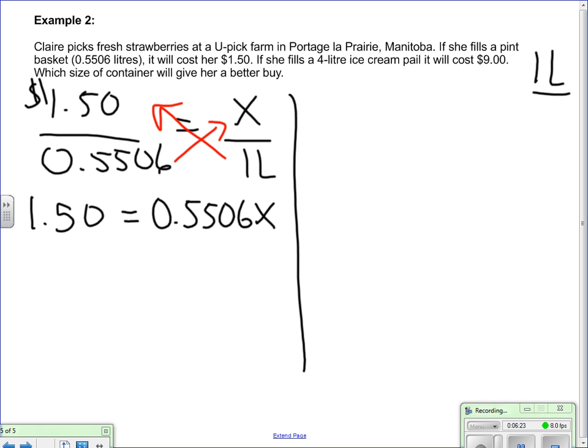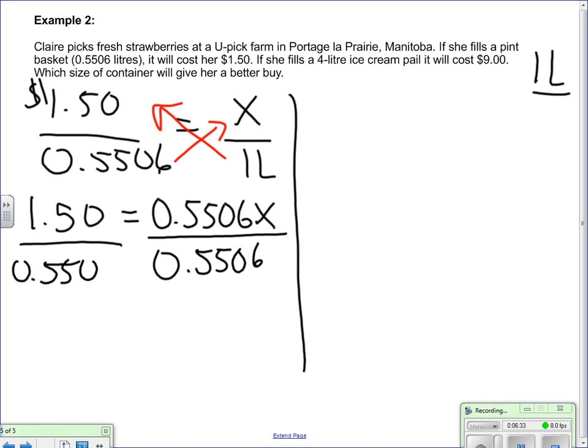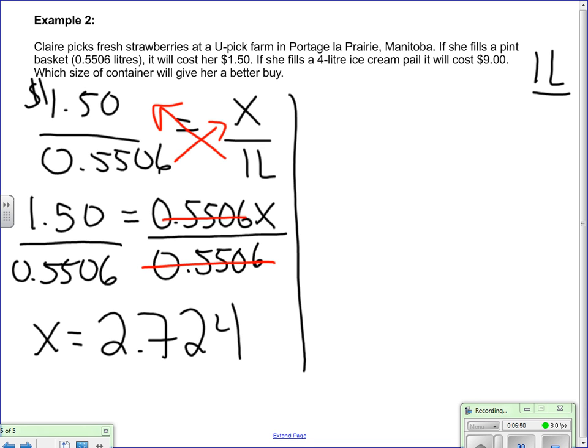Now notice I could have just taken $1.50 and divided it, but we want to show our work, because every question is not going to be this easy. Those two cancel out, and so my x is equal to 2.724.